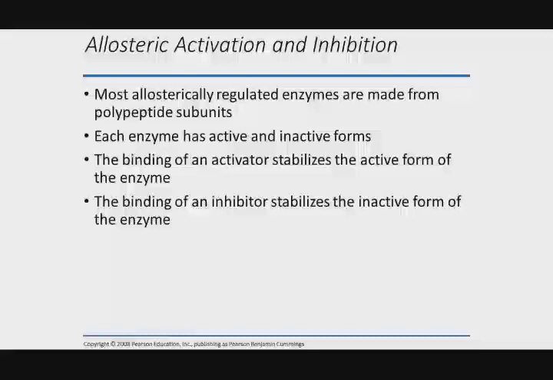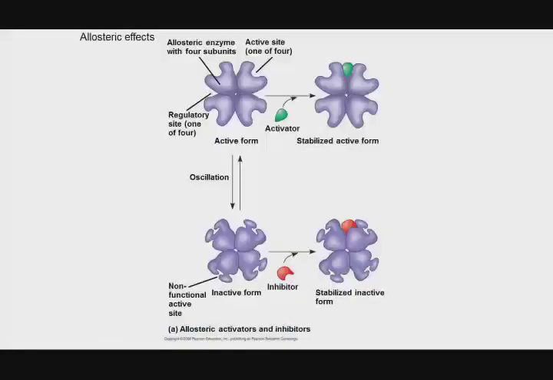And we're going to either bind to the complex and stabilize it in an active form, or bind to the complex and stabilize it in an inactive form. Right? So we can see here you've got a quaternary structure of a protein complex. An activator is actually going to bind not to an active site. That's allosteric binding, but it stabilizes this and says you can work well now. You are turned on. Versus the non-functional state, the inhibitor binds it and says you are not functional and you're going to stay that way until I'm not bound.